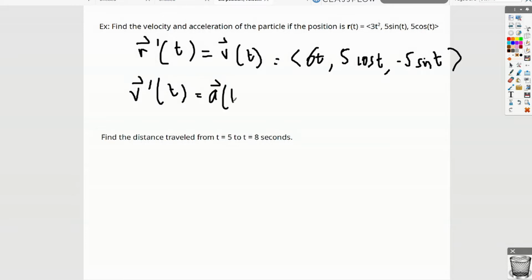You don't actually have to write down this work, you could just write a of t, and I'm pretty sure that they'll know. But if you remember the AP test, or maybe other standardized tests, they will make you do this work, where you have to understand acceleration is the derivative of the velocity, and velocity is the derivative of the position.